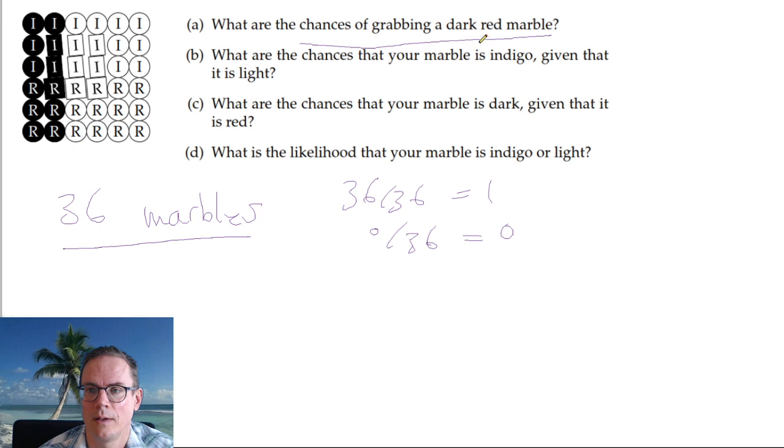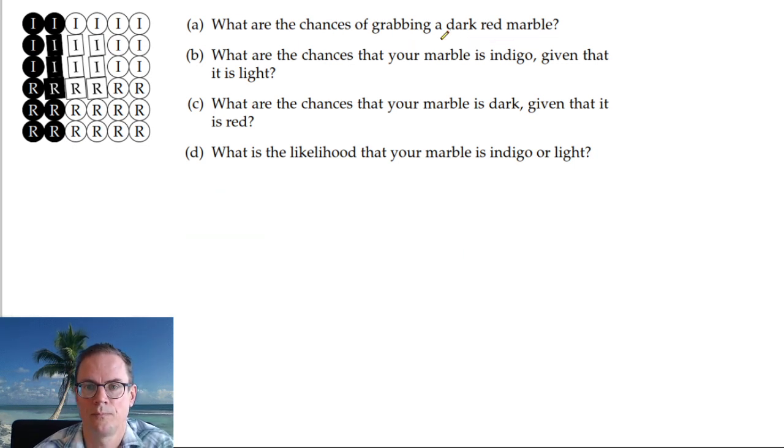So, what are the chances of grabbing a dark red marble? Well, red is 18, but it also has to be dark. That's only 6. So it's 6 out of 36 equals 1/6.